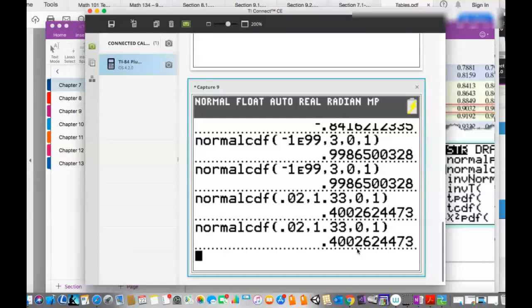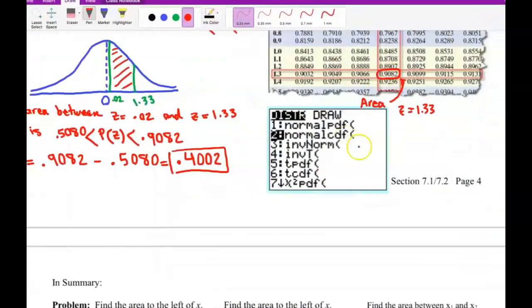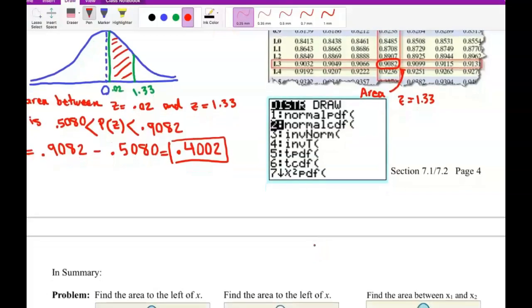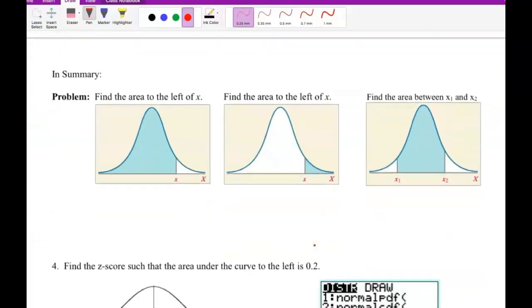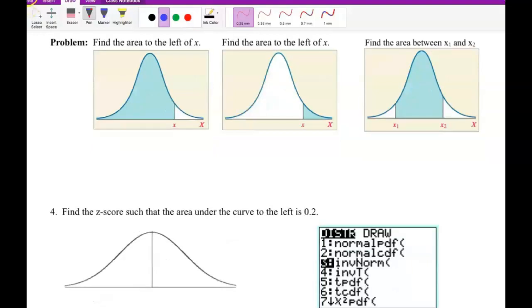Okay, so let's go back to lecture. Okay, so here on this part, we need to summarize what we had on the previous page. So we need to find the area to the left of x. So here I don't have this where I have x.